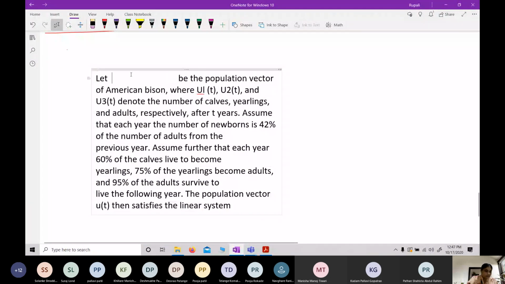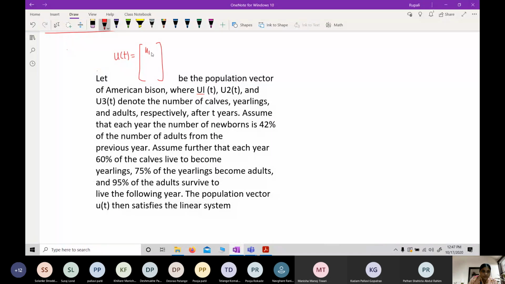So let here I will write u_t is equal to u1t, u2t, u3t. आतापर्यंत लिहून झालं असतं माझं. Okay.